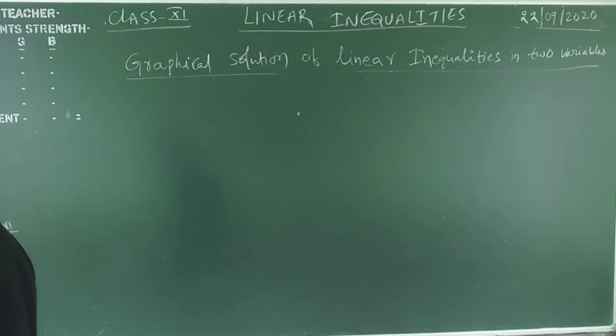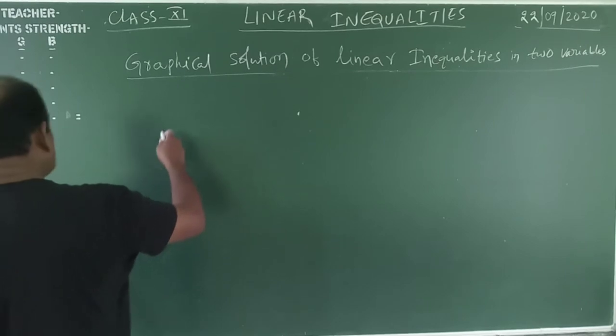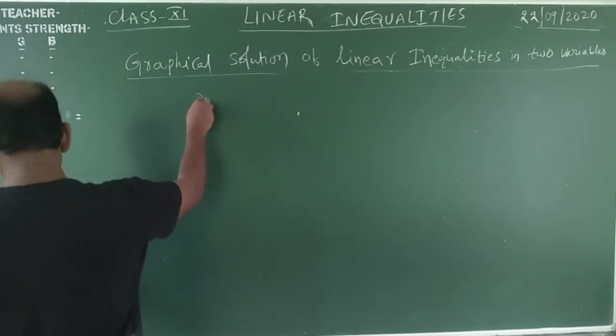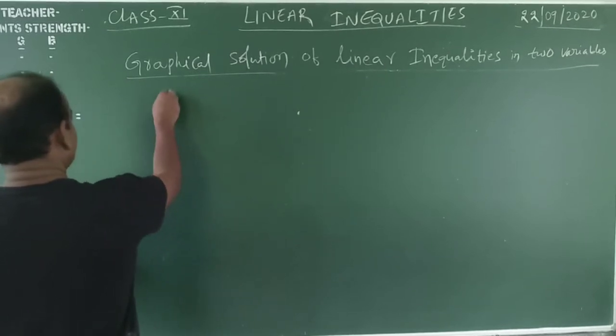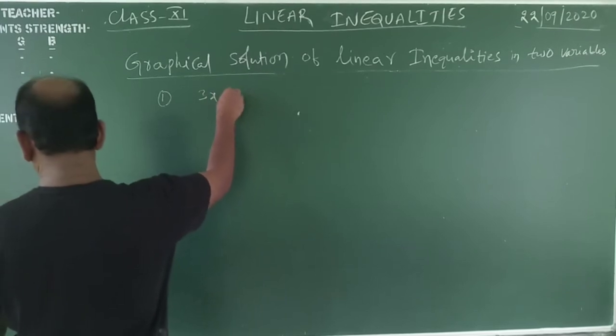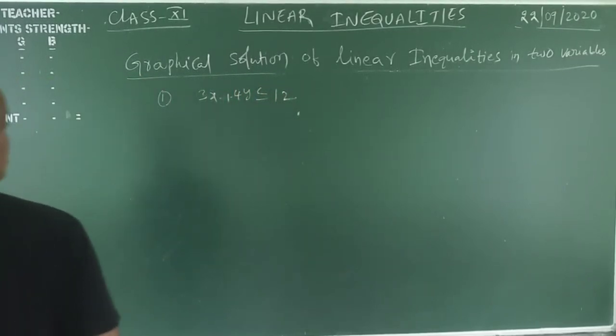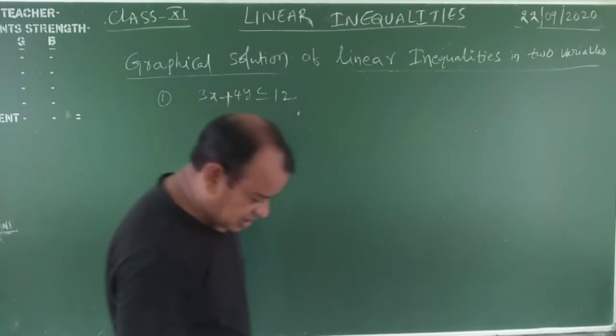The problem is, suppose 3x plus 4y is less than or equal to 1. I will explain this one. Okay, my dear students. Now find the solution of the linear inequality.